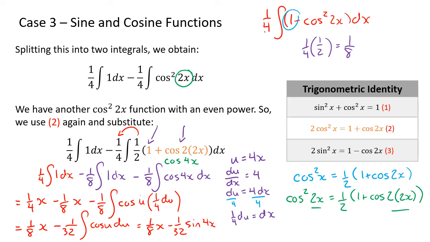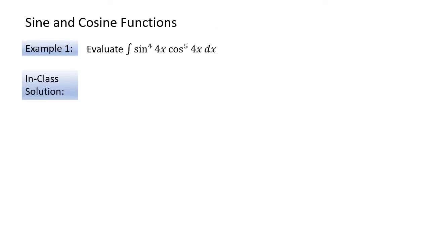Okay? So now that we've covered all three cases, we're going to walk through one example before going to the final piece of this lecture. So this is evaluate the integral of sine to the exponent 4 of 4x, cosine to the exponent 5 of 4x. Okay?